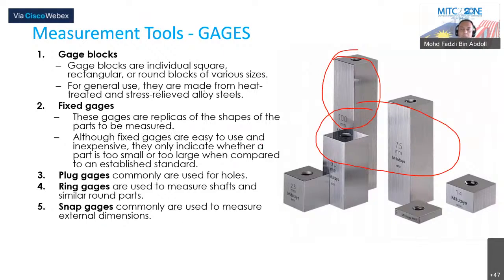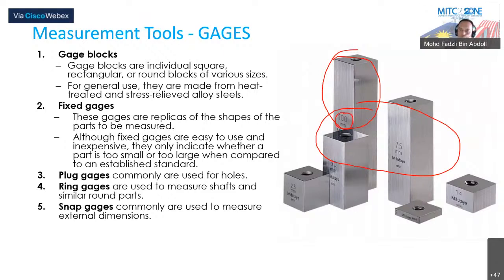Okay, sebenarnya untuk gauge ni adalah lebih kepada untuk kita ukur the standard part. Contoh untuk fixed gauge ni, kalau kita masukkan dalam satu lubang, kita nak tengok sama ada lubang tu kecil atau besar je. Kalau gauge block ni, let's say kita masukkan dalam satu lubang, katalah lubang tu 100 mm.